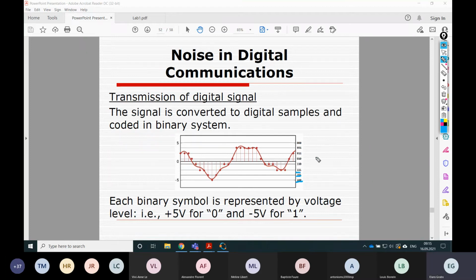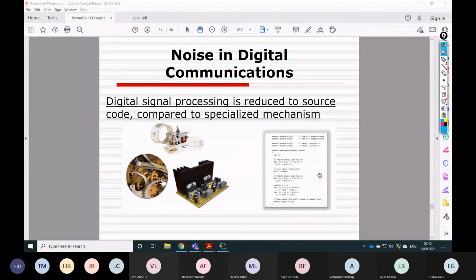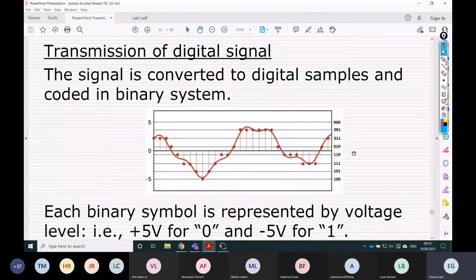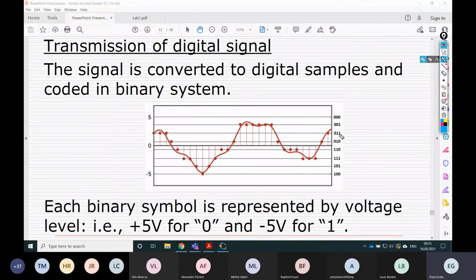We use here a so-called gray mapping. You can see that the code words for two neighbor levels are different in only one digit.